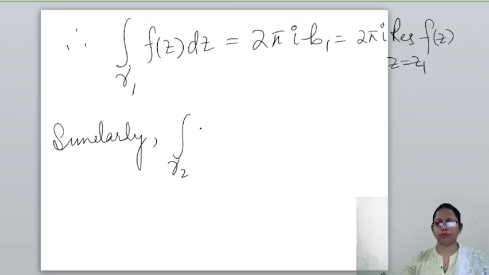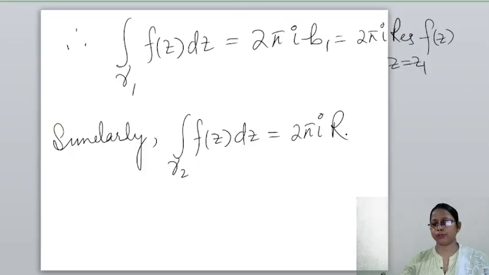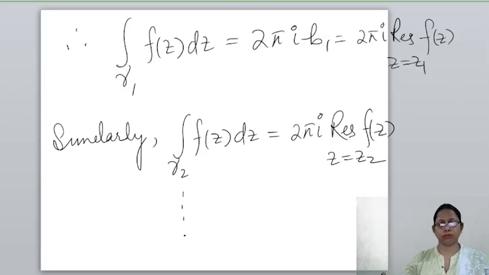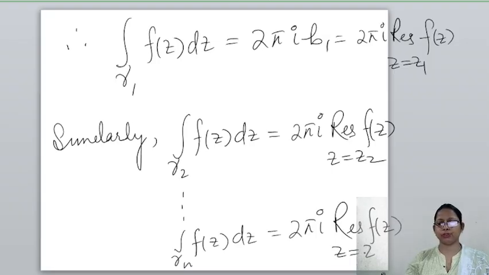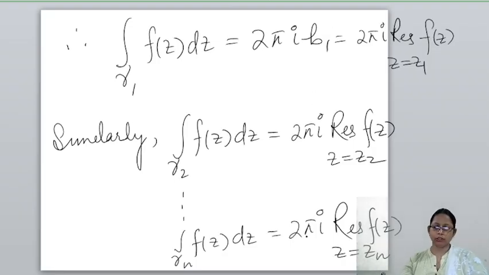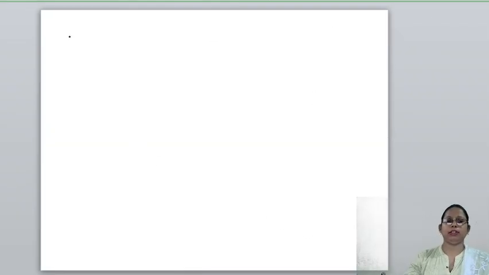Similarly, the integral over gamma 2 of f(z) dz is equal to 2 pi i times the residue of f(z) at z equal to z2, and so on, up to the integral over gamma n of f(z) dz equal to 2 pi i times the residue of f(z) at z equal to zn. If I add all this up, then I will get the integral over C of f(z) dz.